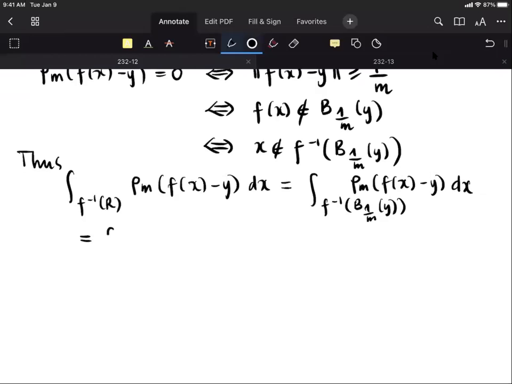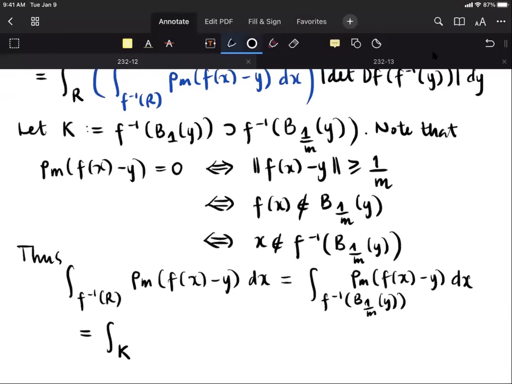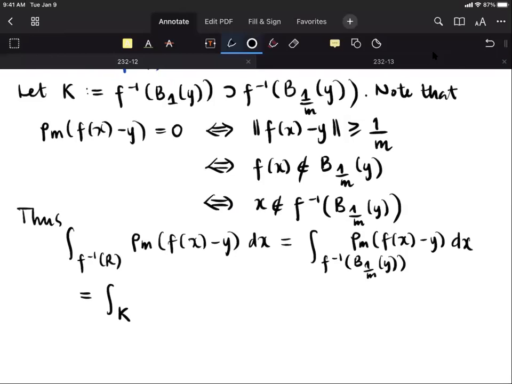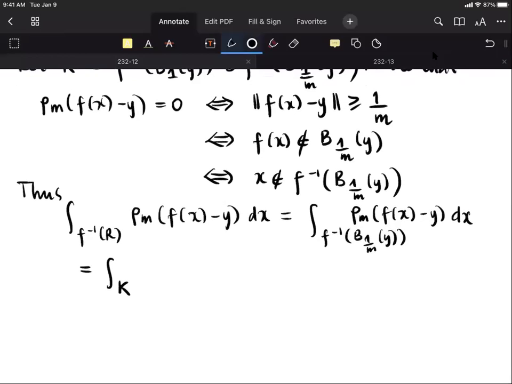We can enlarge this a bit to K, just to have a set that is independent of m.